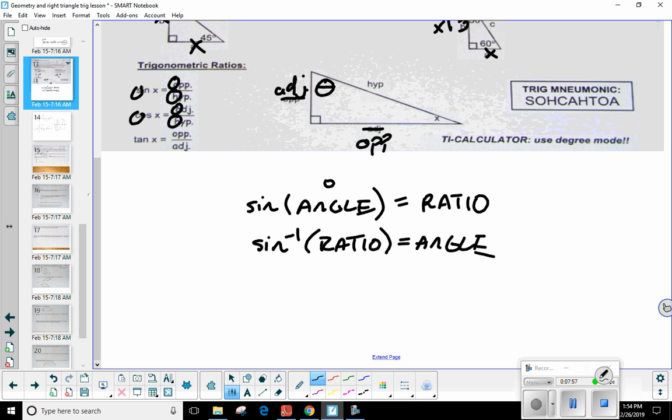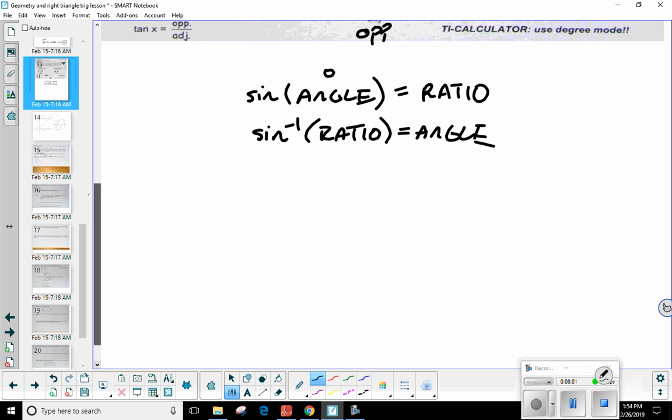So if I were to give you something like sine of 30 degrees is equal to 1/2. Well, remember we said a second ago, what was the reciprocal trig function? You're not going to be responsible for this, but just for fun: cosecant.